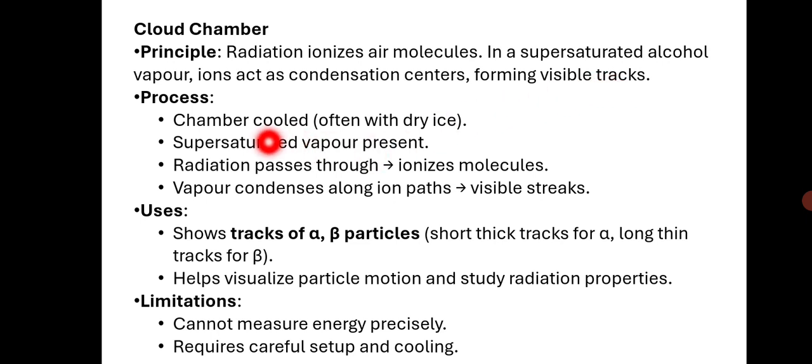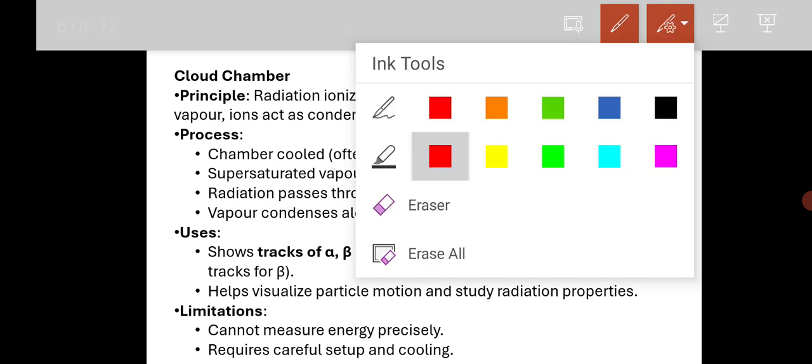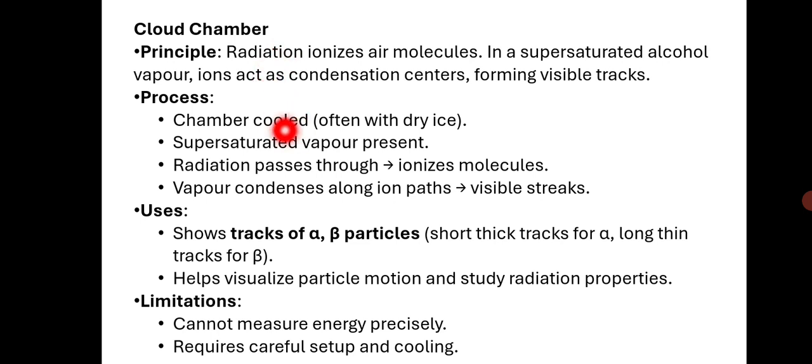The working of a cloud chamber is in such a way that the chamber is cooled, often with dry ice. Dry ice is frozen carbon dioxide. In case you are asking what is dry ice, this is frozen CO2, the one that is used as a cooling agent.